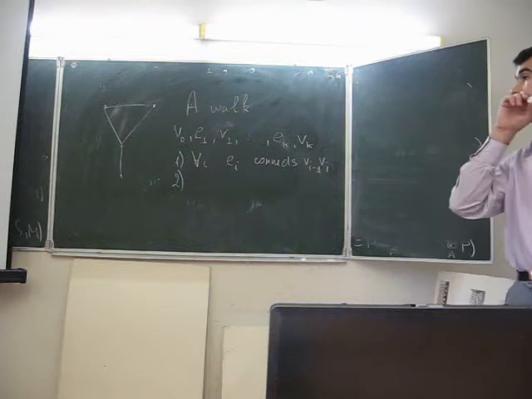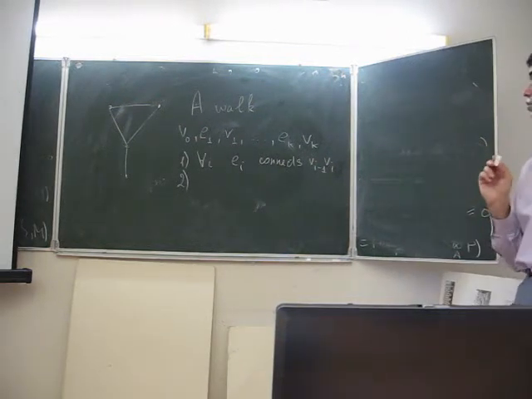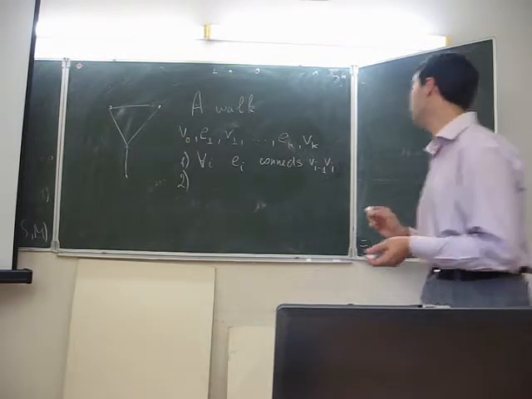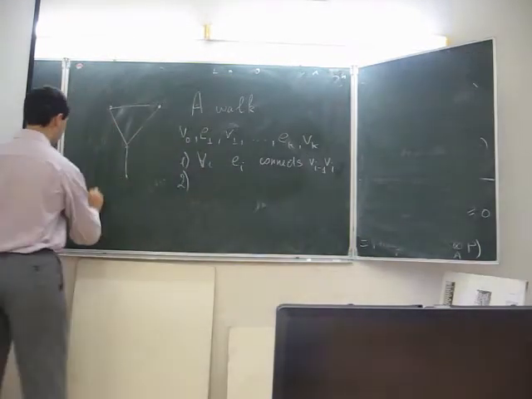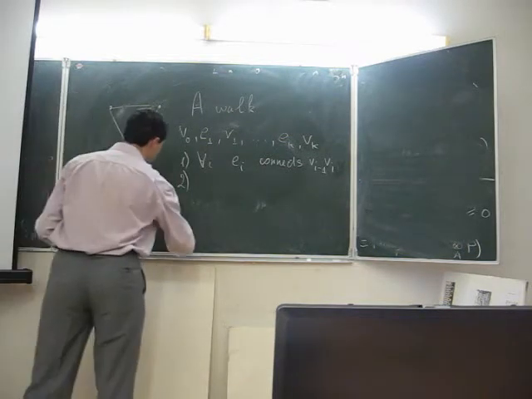And it turns out that in practice we're not much interested in walks, in general walks. We are more interested in paths. And a path is just an edge simple walk.